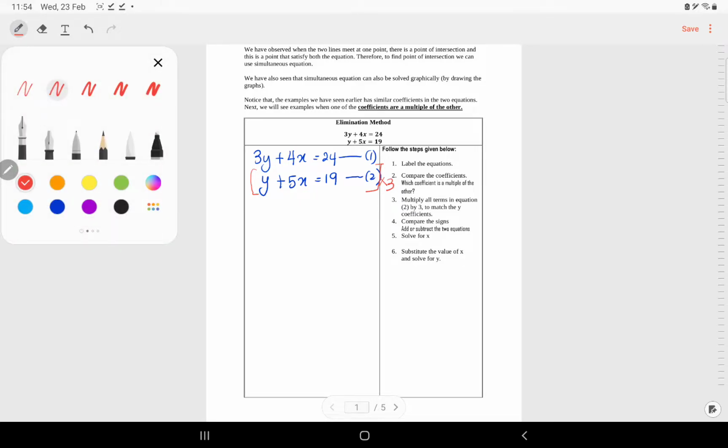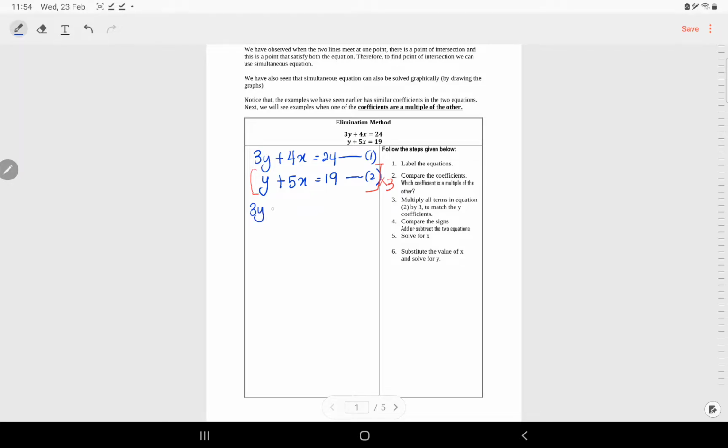By doing so, this is what we get: 3y plus 15x, 5x times 3 is 15x, equals 19 times 3, that is 57. I will label that as equation 2 dash; the dash represents that it's modified. Equation 1 remains, so we just write that down: 3y plus 4x equals 24.